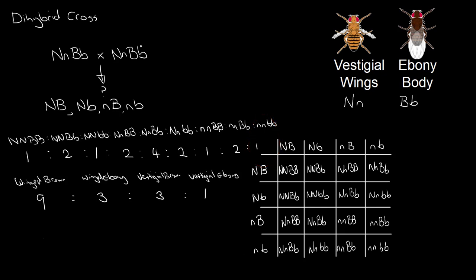So of the 16 possible outcomes, 9 of the 16 are winged brown, 3 out of 16 are winged ebony, 3 out of 16 are vestigial brown, and 1 out of 16 are vestigial ebony.